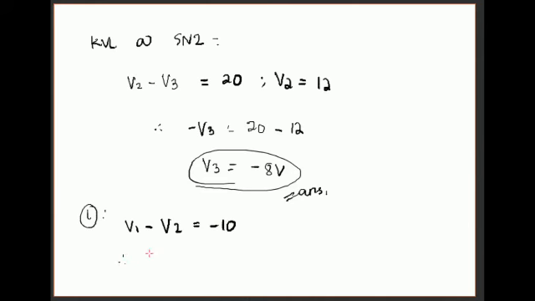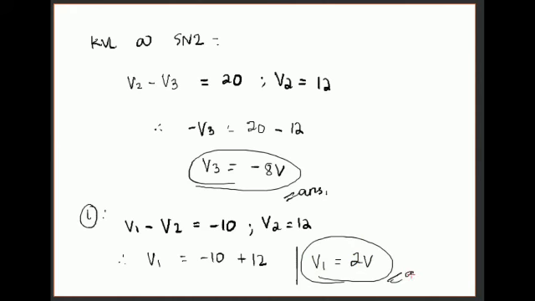Therefore, V1 equals minus 10 plus 12. Okay, we have to remember that V2 is equal to 12 volts. So V1 is equal to 2 volts. Answer.